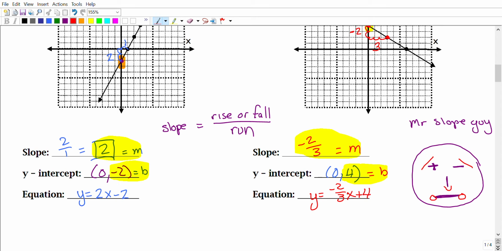Just to make it clear, notice how this eyebrow here is going from the left to the right and it's increasing, so it's positive. Now on this other eyebrow, notice how it's going from the left to the right, it's going down, hence the negative sign.